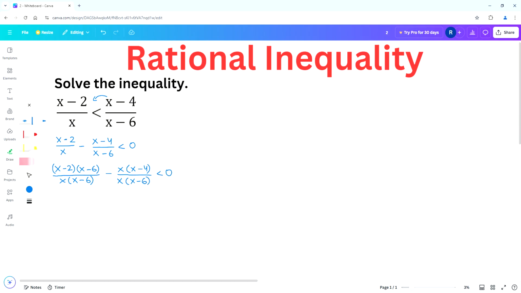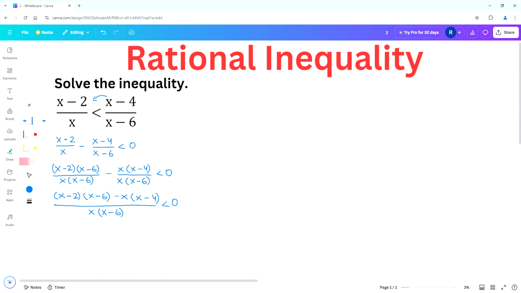Now these fractions have the same denominator, so we can combine them. Next, we should distribute the terms in the numerator expression.